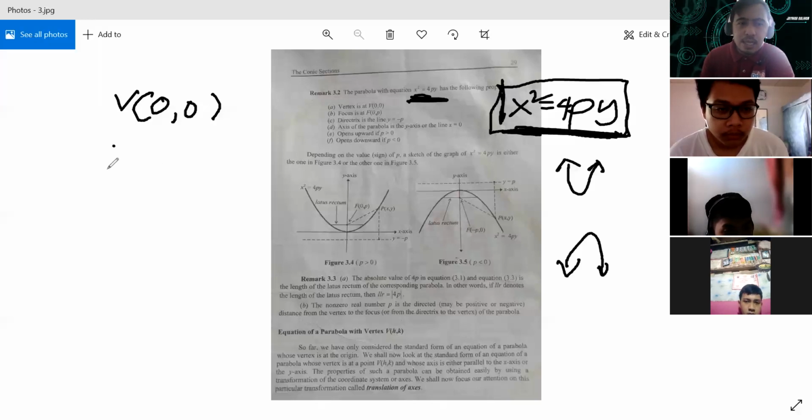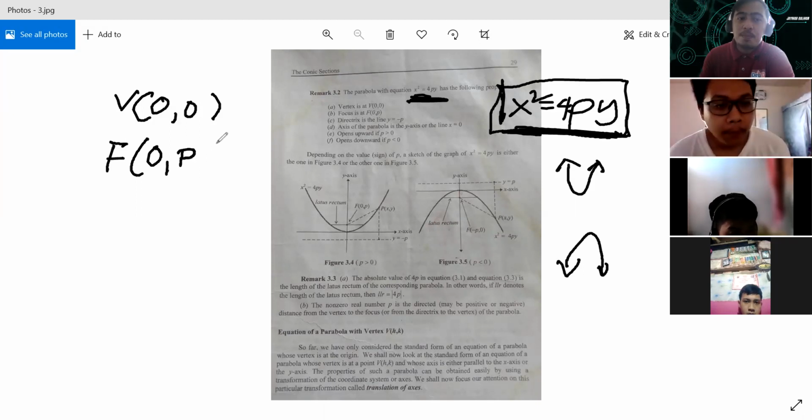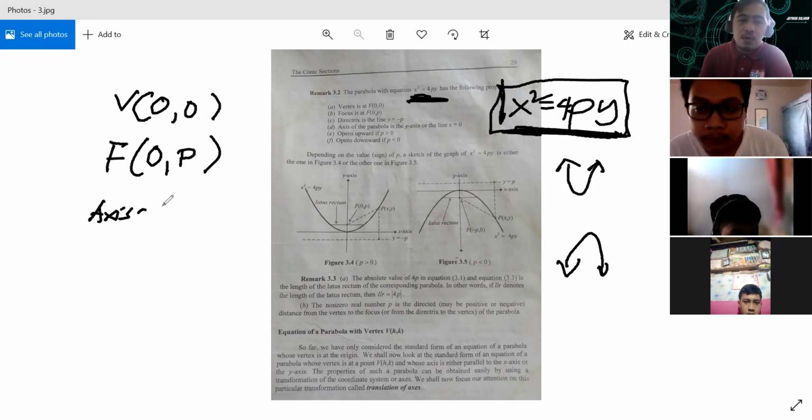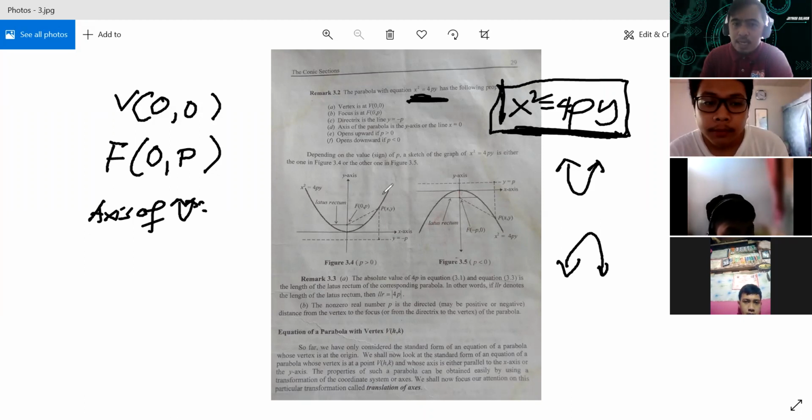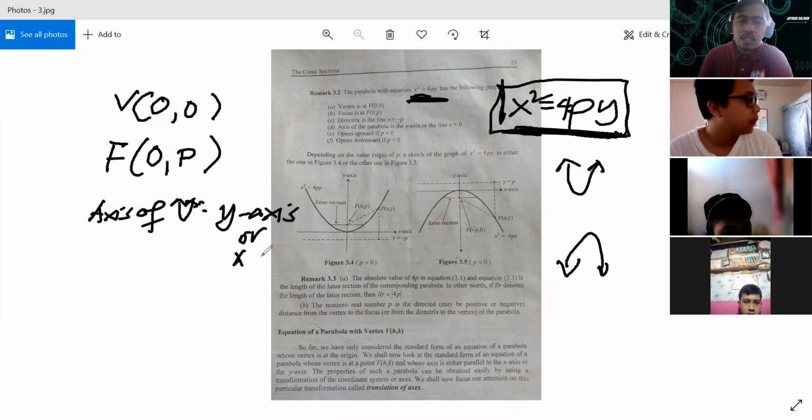The next is, the focus will be (0, p). As you observed earlier, for y squared it was (p, 0). For x squared, it is (0, p). Right? And then the axis of your parabola will be given by the y-axis, or the equation x equal to 0.